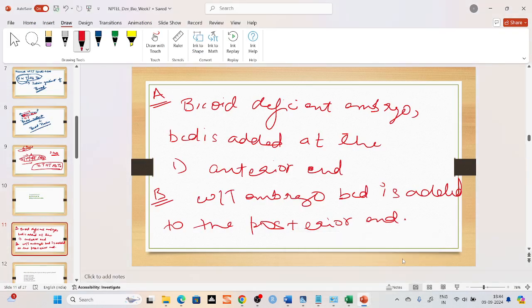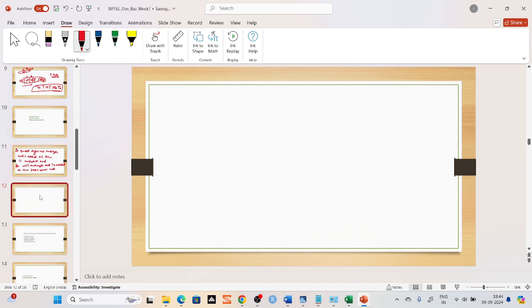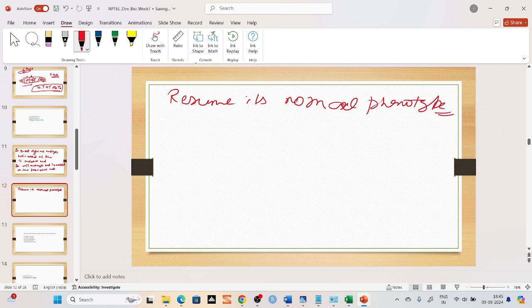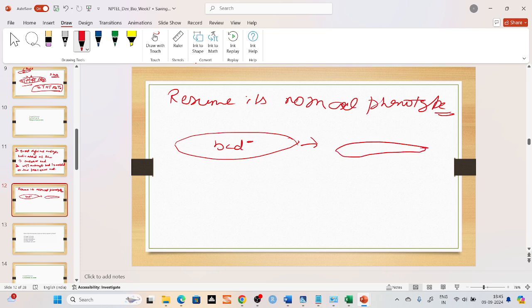So the first one was bicoid deficient embryo. Bicoid is added at the anterior end. So when bicoid is added at the anterior end in a bicoid deficient embryo, it will resume its normal phenotype. As simple as that. See, this is your embryo. It is bicoid deficient. Now, when you are adding bicoid at the anterior end, then what will happen?